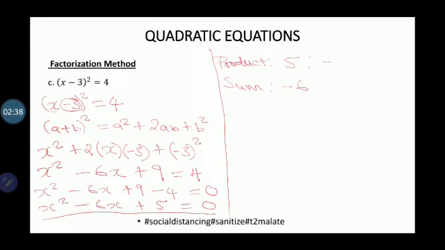You find that it's negative 1 and negative 5. I always avoid using the comma because it looks like a coordinate. So negative 1 and negative 5. I add these 2, I get negative 6. I multiply these 2, I get 5.